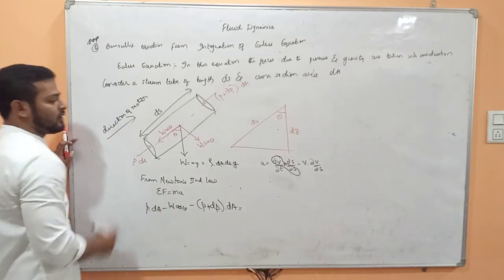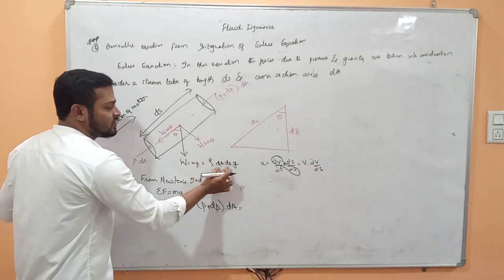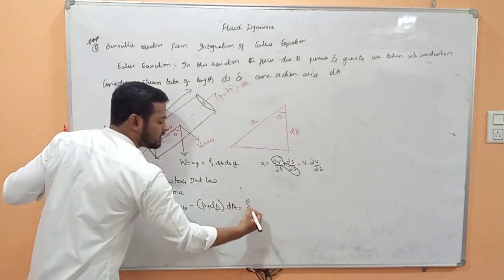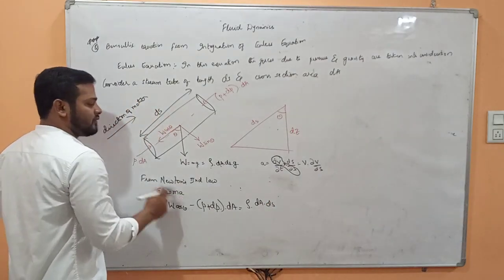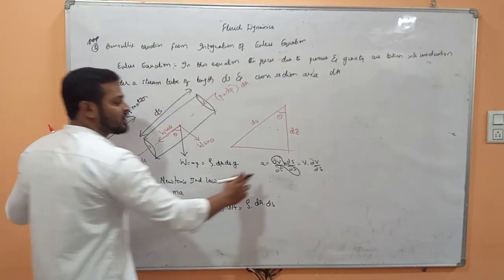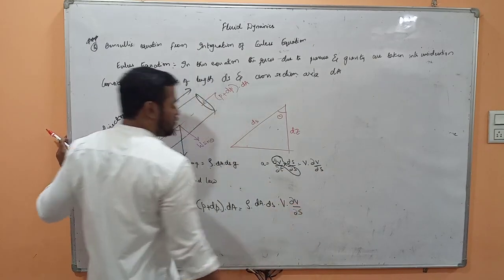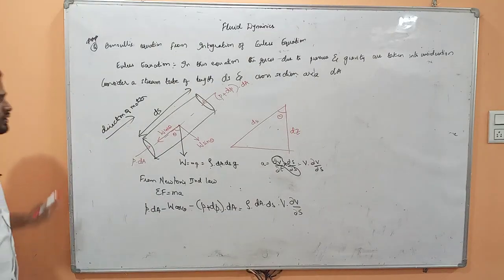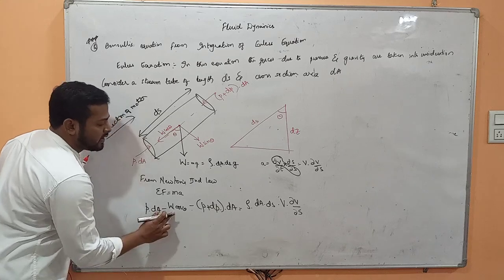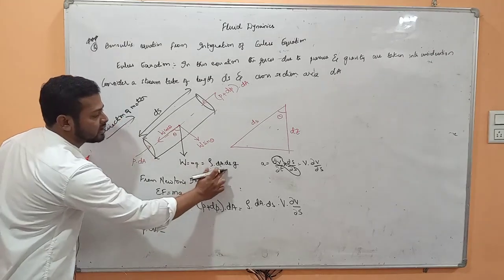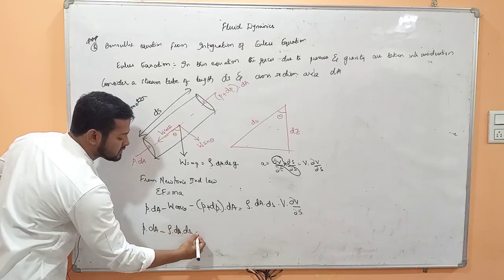What is m? Mass is density into volume. So we have density into volume here. Acceleration is V into ∂V by ∂S. So PdA minus weight, we got it as rho dA ds g.